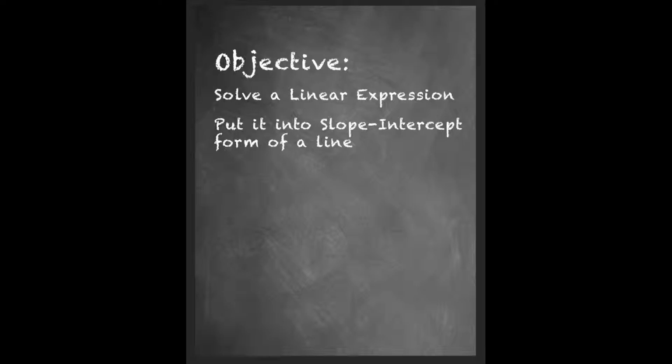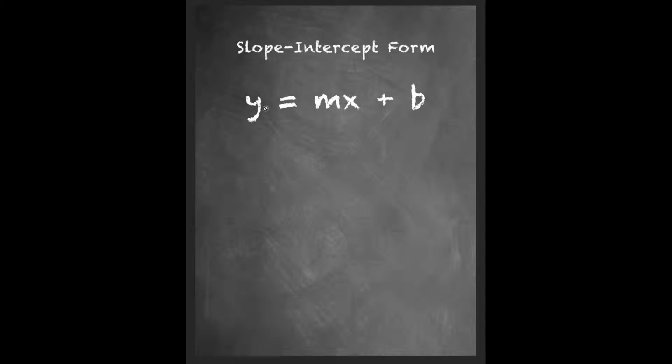First of all, let's talk about what is the slope-intercept form of a line. Well, the slope-intercept form of a line just has the form where you have y, a variable, equal to mx plus b.